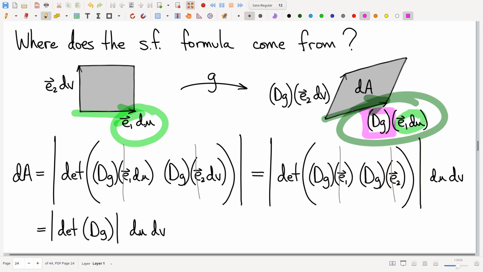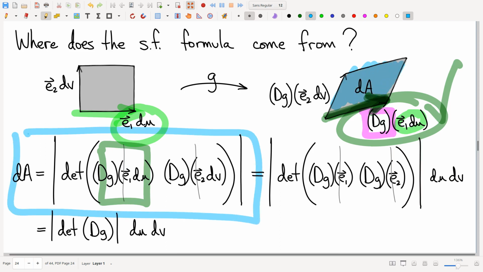So conveniently, notice that what that means is that I now have an explicit formula for one of the edges of the parallelogram that I'm interested in. And of course, if you want to understand area, the area of a parallelogram is the determinant of a matrix whose columns are the two edge vectors.